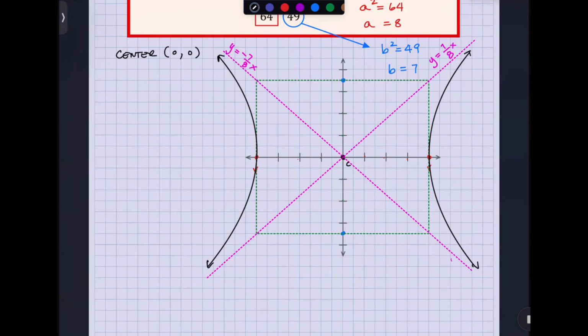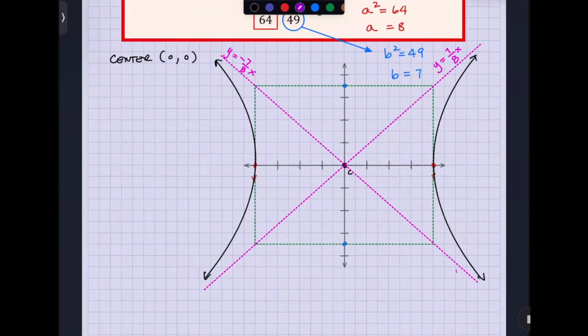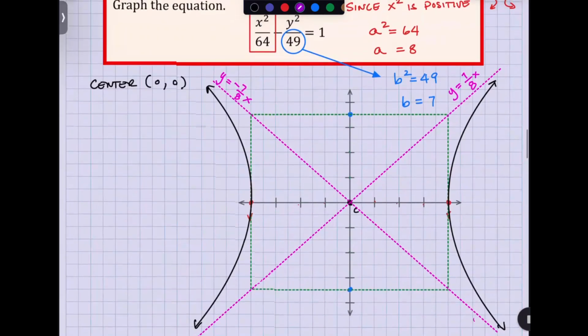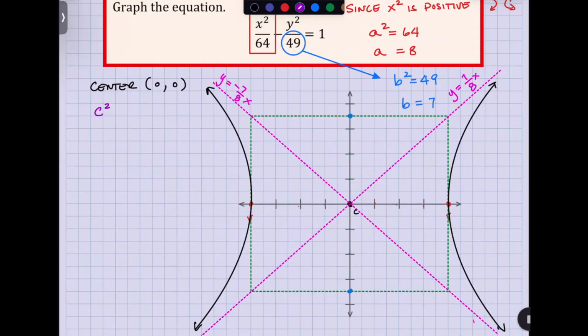Okay, so that's how I would graph it. But again, I'm still missing C. So I know that C squared is equal to A squared plus B squared. So C squared is equal to 64 plus 49.